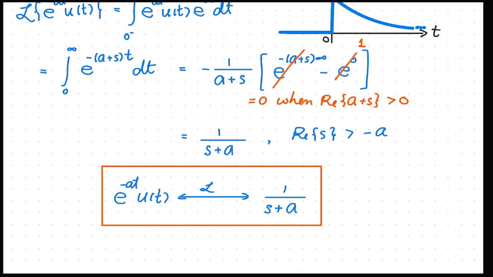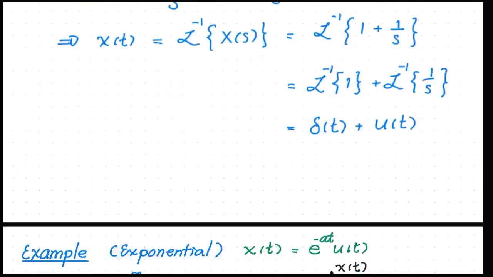Now, if you notice here, if we set a equal to 0, then the exponential becomes u, because the exponential factor vanishes and becomes 1. Then we have u, and we have 1 over s, which matches exactly the previous signal that we did before.